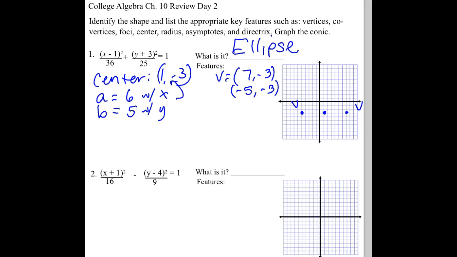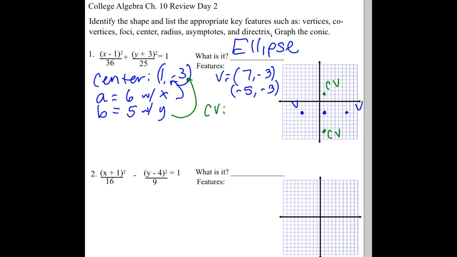All right. Covertices says we have to go 5 in the y direction. So I'm going to change my y values by going up and down 5.